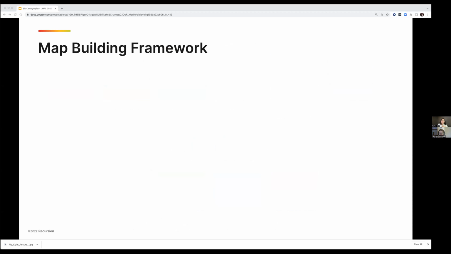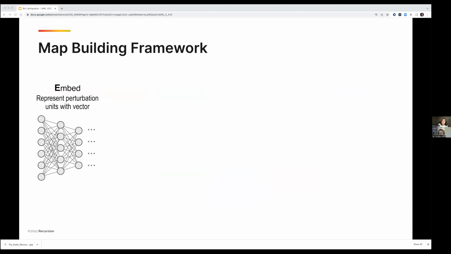Let's now look at the EFR framework more closely. The embedding step, the first letter E in this framework, is aimed at creating a vector representation of the experimental screening results. We call the smallest experimental entity that's measured in a map context a perturbation unit.